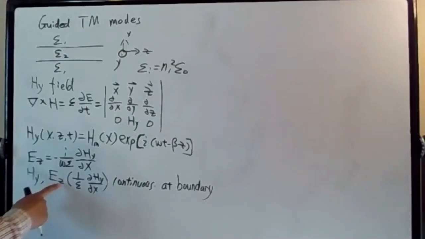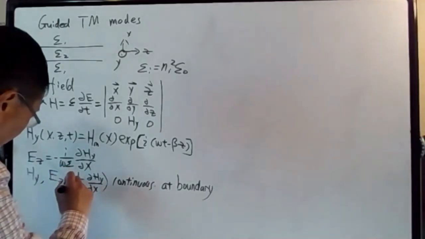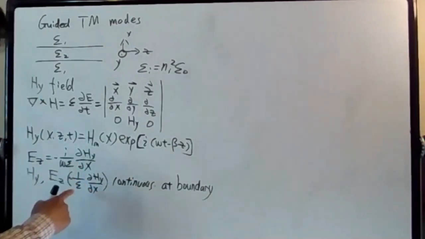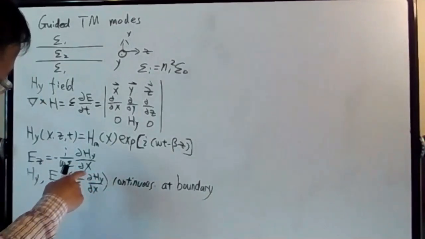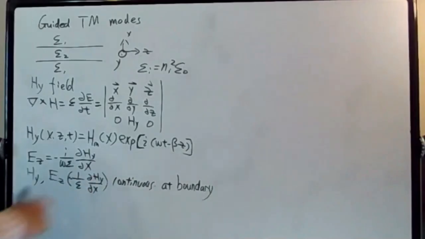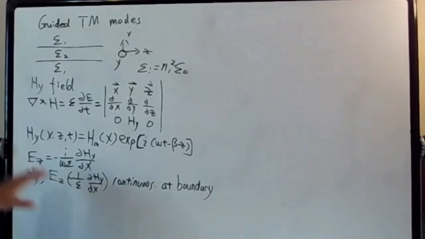HY is continuous, EZ is also continuous, which is proportional to 1 over epsilon partial HY partial X, continuous at the boundary, right? So those two, we need to satisfy these boundary conditions. Questions?